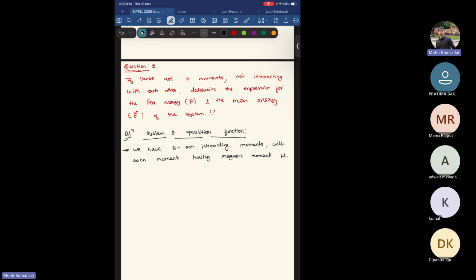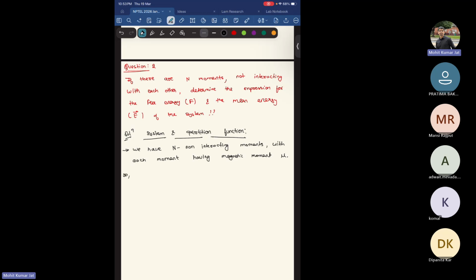So in this case, if each magnetic moment can have the magnetic moment mu, then the possible energy states will be either plus mu B or minus mu B depending on the spin orientation.